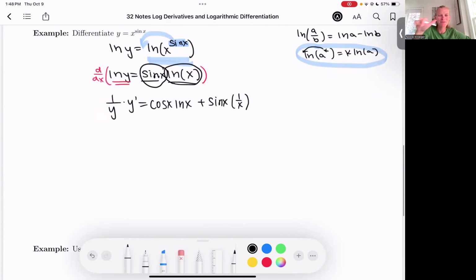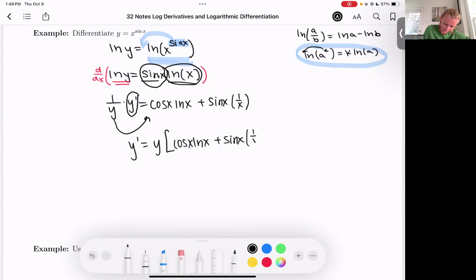Okay, so after we've differentiated both sides of the equation using implicit differentiation, now we want to solve for y prime. So to solve for y prime, I can multiply both sides by y to get rid of the y there. So I get y prime is y times all of this. And then there's one last step here. We don't need a y in our final answer because my original expression was y is equal to something.